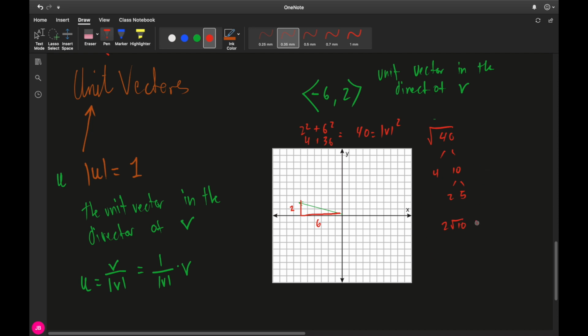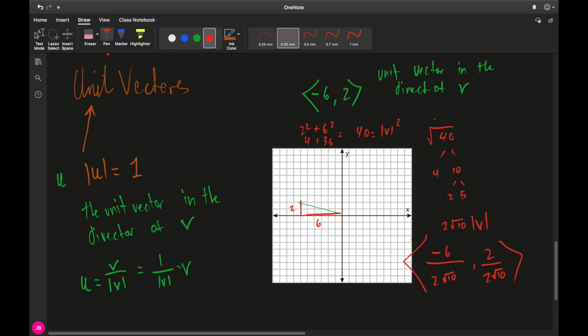So since this is my magnitude of the vector, to find an actual value for my component form of a unit vector, I go ahead and take negative 6 divided by 2 times the square root of 10, comma 2 divided by 2 times the square root of 10. Now, why am I doing this again?